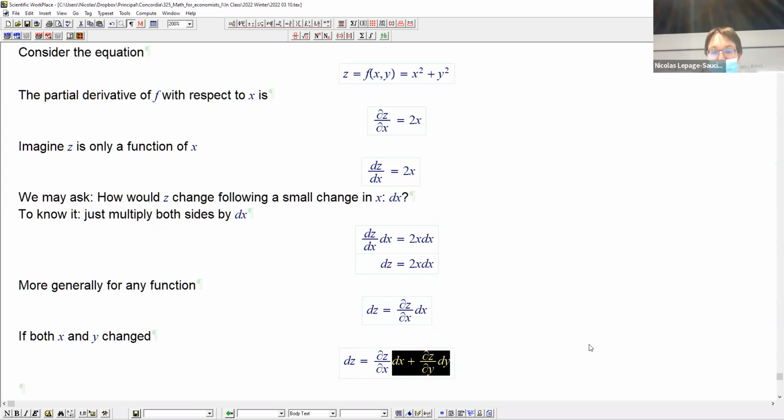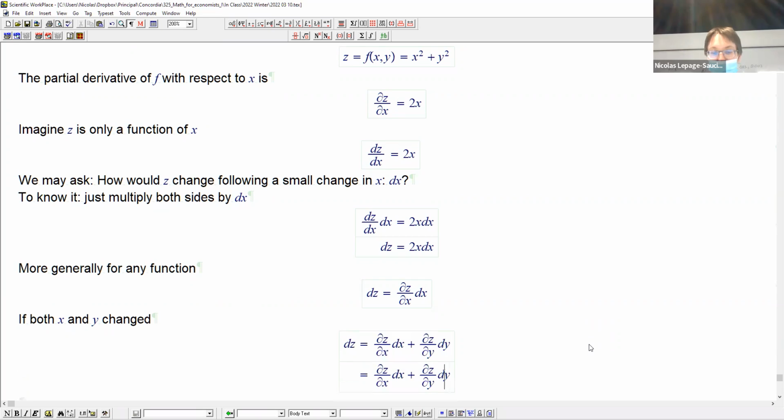In our case, it would be 2x dx plus, and then the partial with respect to y is 2y. So 2y. All right.